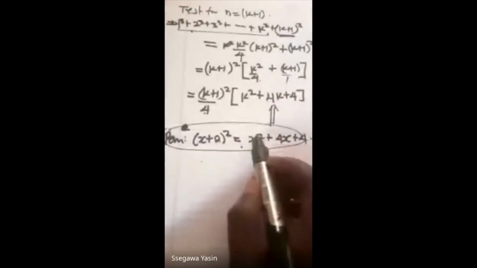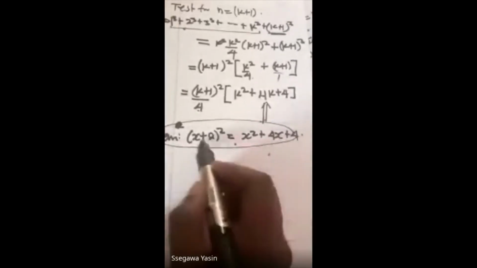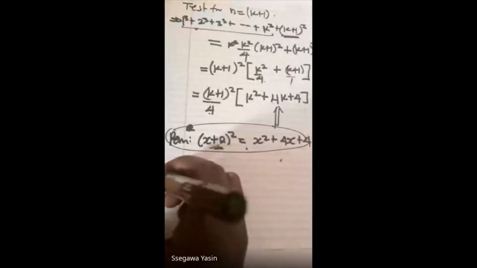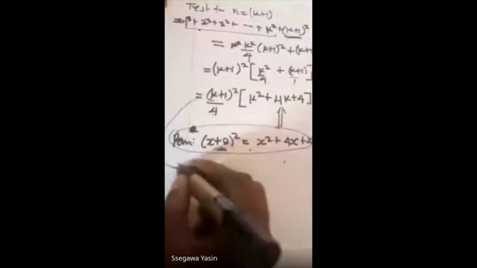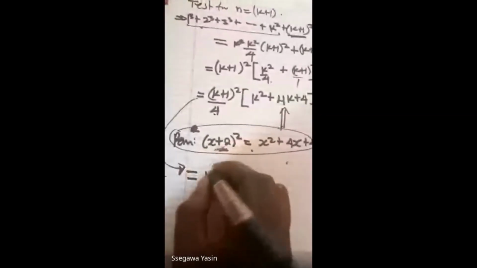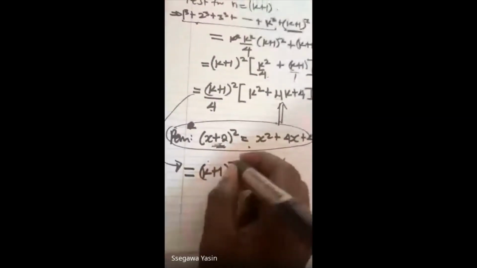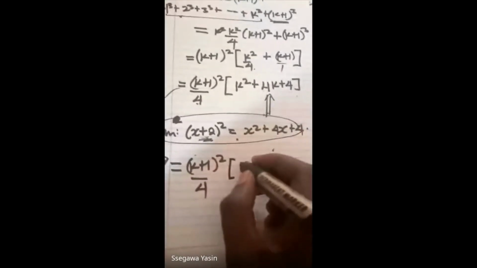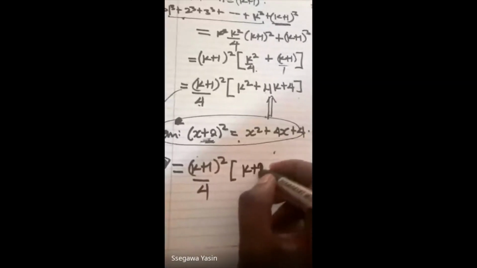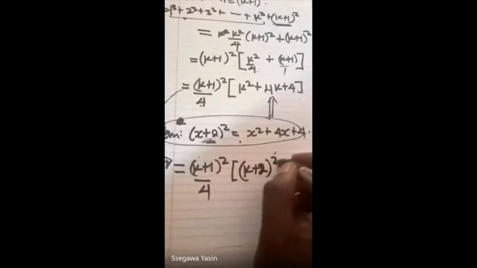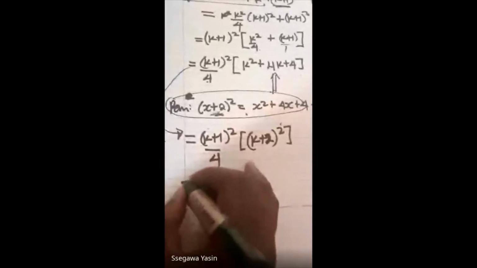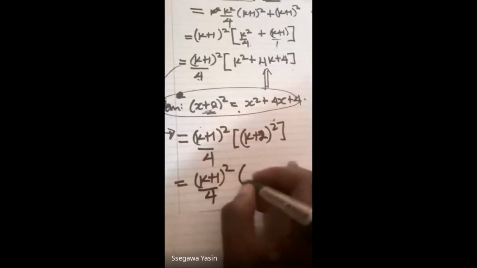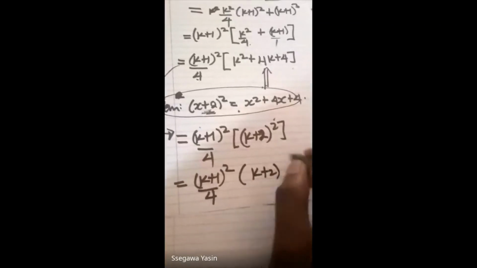So meaning that instead of writing this, I'm going to write this, but mine is in terms of k. Therefore, if I take this equal sign maintained, I'll have k plus 1 squared over 4, then into k plus 1, k plus 2, but squared. And finally, I'm going to have k plus 1 squared over 4 into k plus 2 squared.